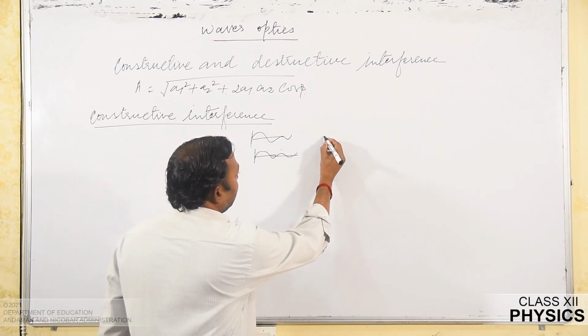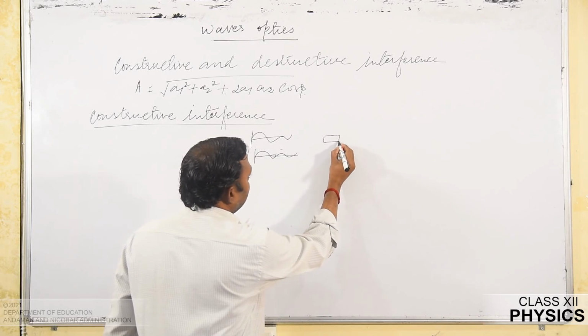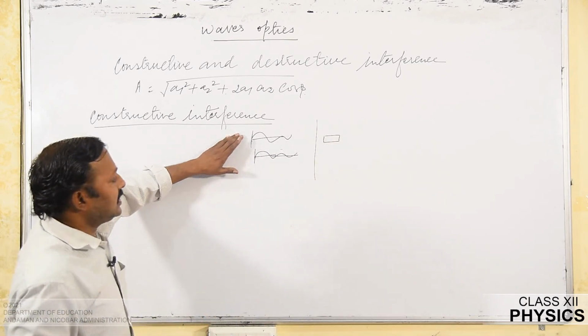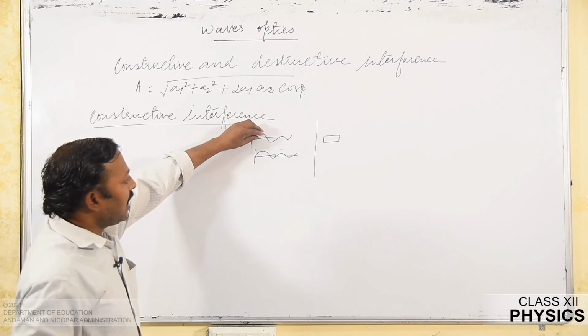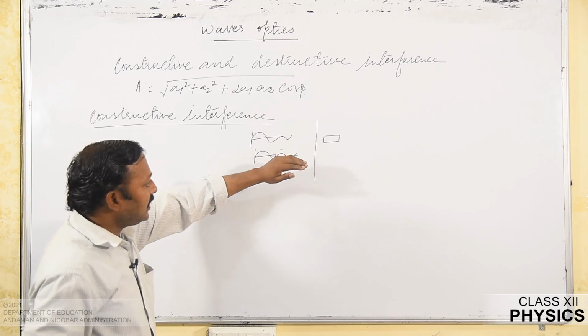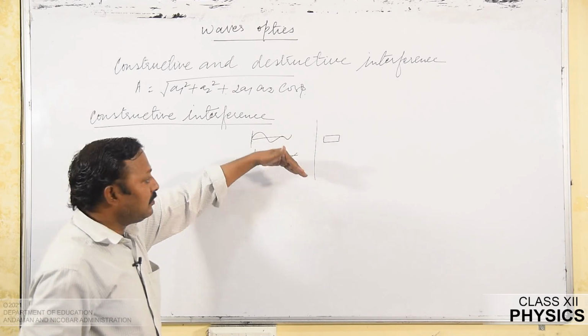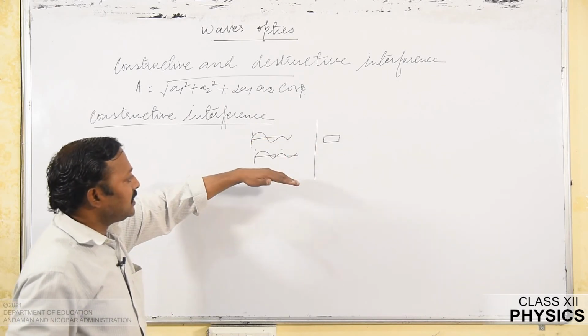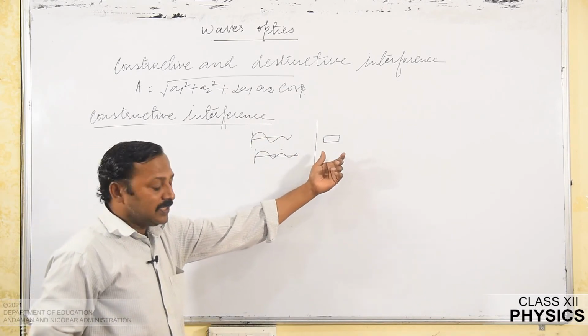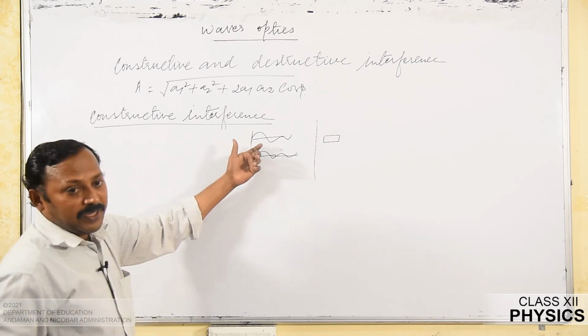Out of that, the bright band, whatever you get on the screen, is said to be constructive interference. That means if both the waves are in the same phase, when these two waves combine together, we get maximum intensity, maximum amplitude. That maximum intensity and maximum amplitude corresponds to the interference fringe, which is said to be constructive interference.